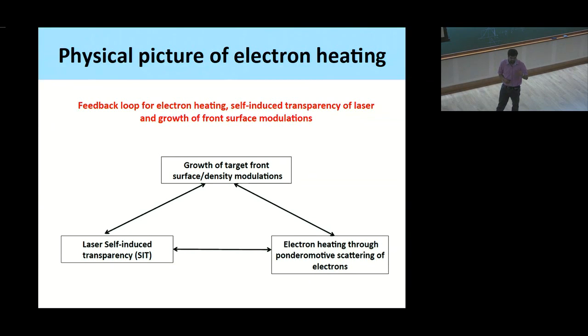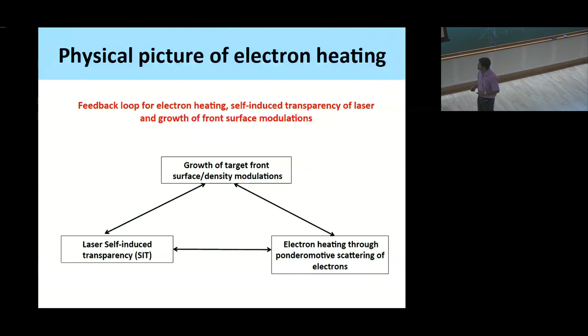The picture is not as simple as pure hydrodynamic Rayleigh-Taylor instability, because as you can see, there is a huge plasma response also playing a role. But with these modulations, you start electron heating, and electron heating leads to self-induced transparency. As the electrons propagate further, it leads to more enhanced electron heating as well as growth of the modulation. So this is more of a complete positive feedback mechanism that is going on in the detailed simulations that we see.